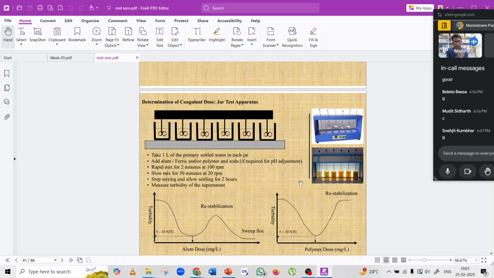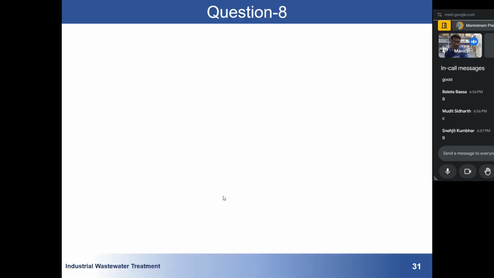There will be a point where there is minimum turbidity, and after that the turbidity starts to increase. After addition of this much alum, the particles start to re-stabilize and remain in suspended form, and that's completely the role of charge on the particle. I hope everyone got this idea.